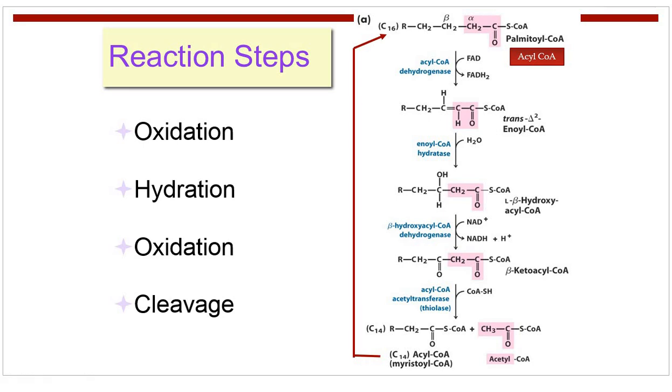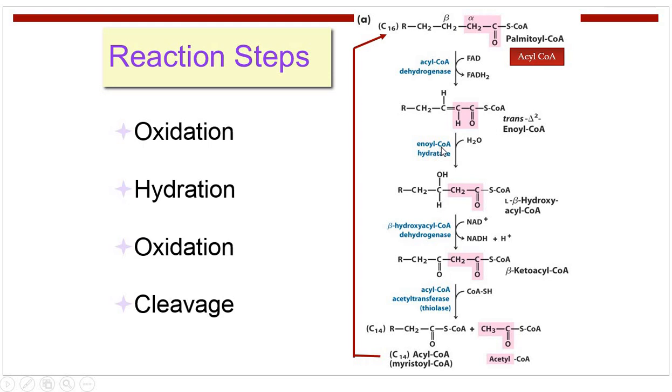So the product is alpha beta unsaturated acyl coenzyme A, also known as trans-enoyl coenzyme A. The coenzyme FAD is the temporary hydrogen acceptor, and reduced FADH2 is generated. This FADH2 is reoxidized in the ETC chain.